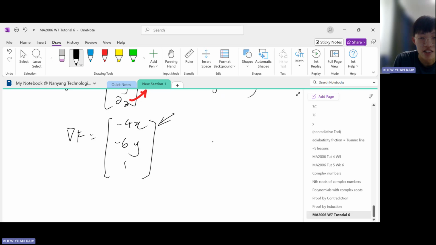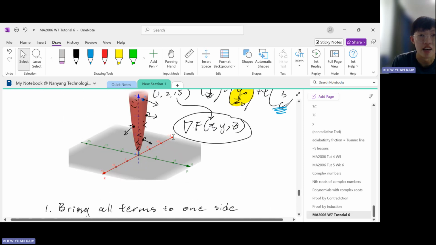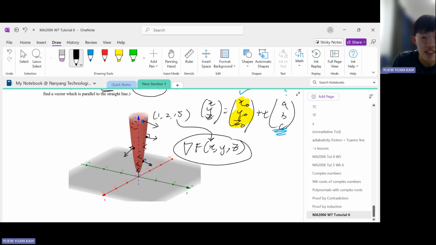Suppose I want the normal vector at, let's just say, (1, 1, 0). I substitute this value in: -4 times 1, minus 6 times 1, 0, 1. This will calculate to (-4, -6, 1). That means at the point (1, 1, 0), I don't know where that is, I'm just going to take a random point.